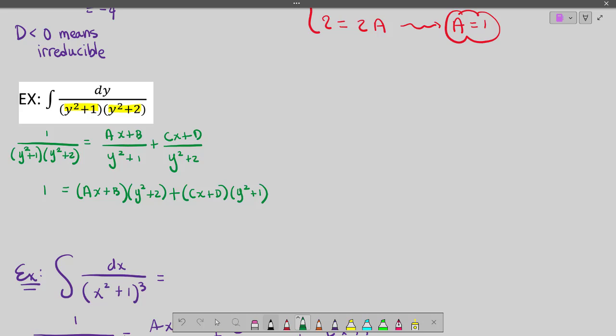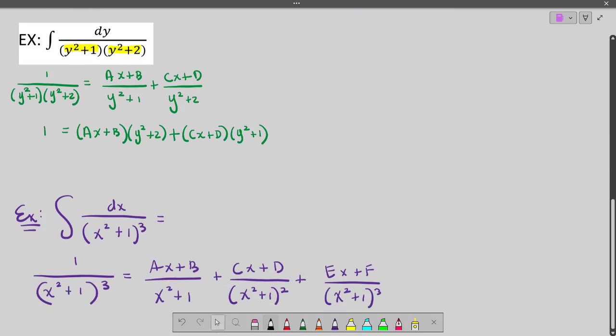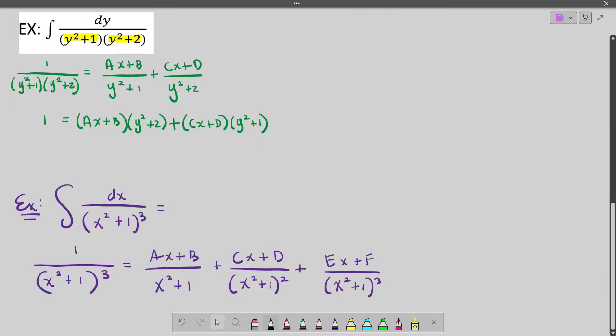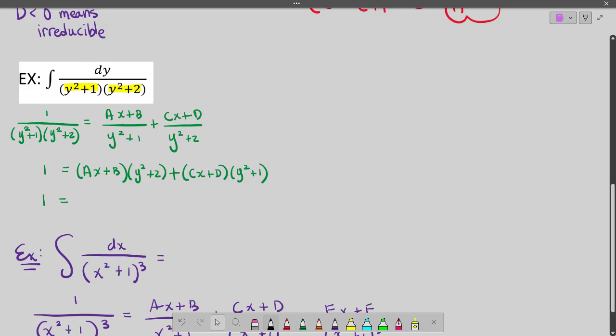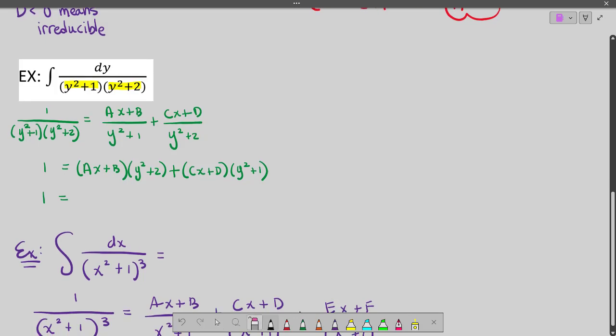And definitely with no linear factors, we will not be using the convenient value method. So we definitely will need to multiply this all out. Oh, what letter should I be using on the right? Y. Too used to using X always. So we have to use the same letter, of course.